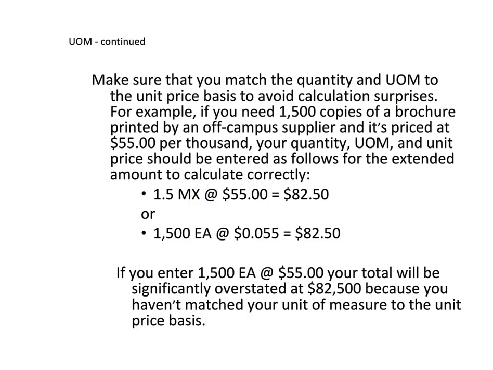That's $55 divided by 1,000 for a total of $82.50. If you enter 1,500 each at $55, your total will be $82,500, which is way too much. But this is what can happen when you mix unlike values, such as an each quantity, with a per thousand unit price.